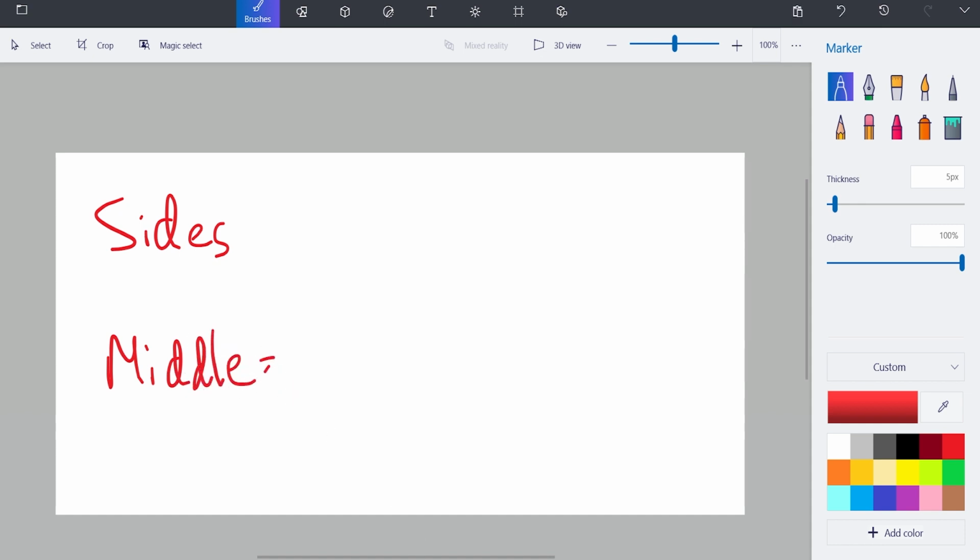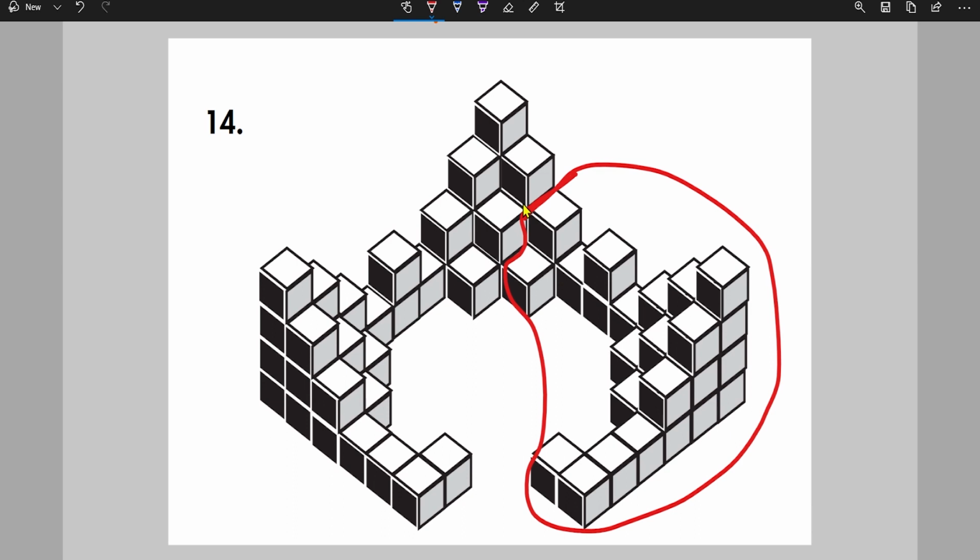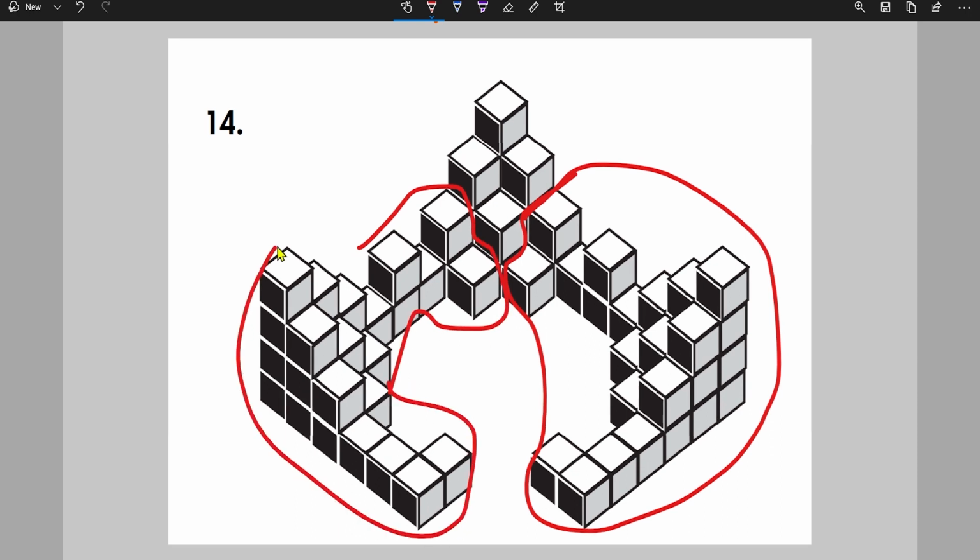How much do we have in the middle? In the middle, this is gone, and all of this also will be gone. So I'm left with only these things in the middle. So that is going to be, this is at the bottom.